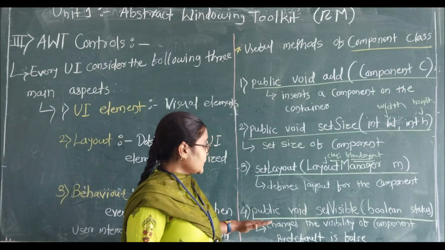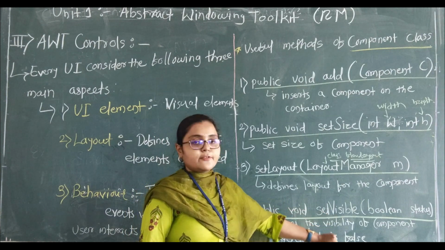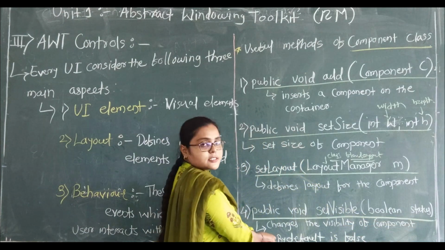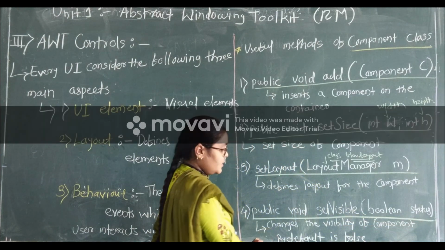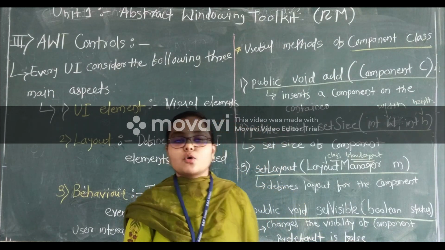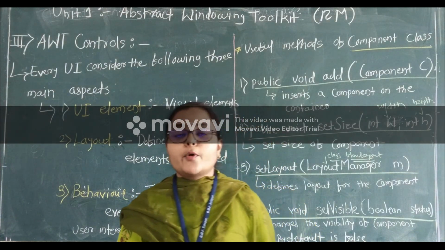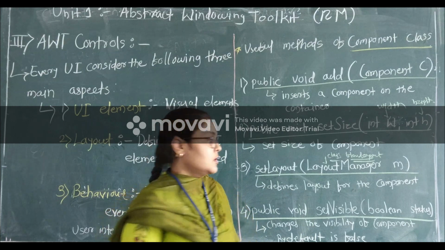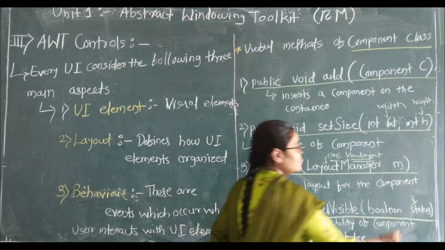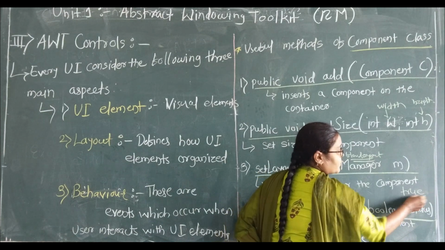And the fourth one is public void setVisible(boolean status). It changes the visibility of the component, and by default the visibility is false. So if you want your component visible on your window, you must set the status for that component to true.